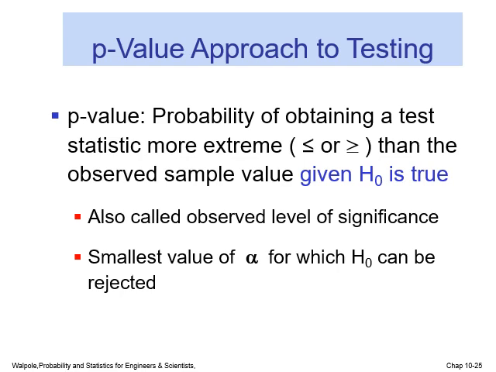In the p-value approach to testing, we find the probability of obtaining a test statistic that is as extreme as, or more extreme than, the observed sample value, given that H0 is true. This is also called the observed level of significance, the smallest alpha for which H0 can be rejected.